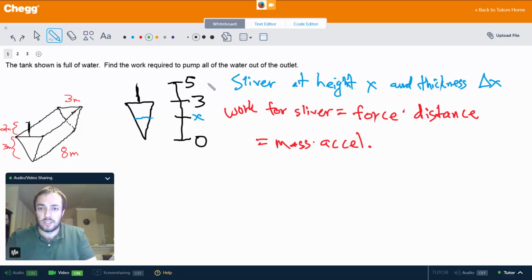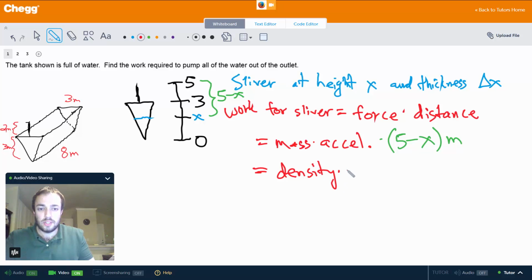That's the distance between 5 and x, which is 5 minus x, measured in meters. So we can replace distance with 5 minus x. Now, mass is density times volume.